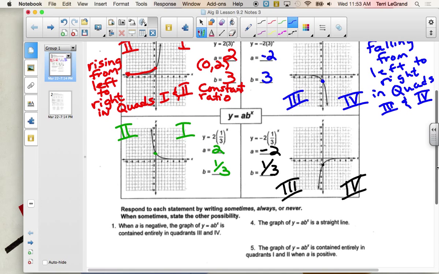Okay, let's do the bottom one that I have in green over here. What's its behavior? Falling from left to right, in quads 1 and 2.